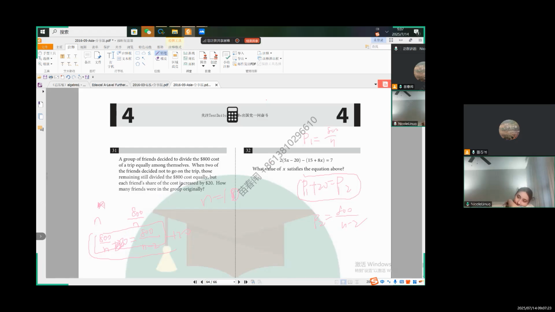Yeah, that's for checking. In order to make this equation, you should read this one carefully: each friend's share is increased. So this means each one's share is increased. Oh, I know why you made a mistake. Increased by 20. Each one's share is the original plus 20, right? It's each one's share originally, then increased by 20.